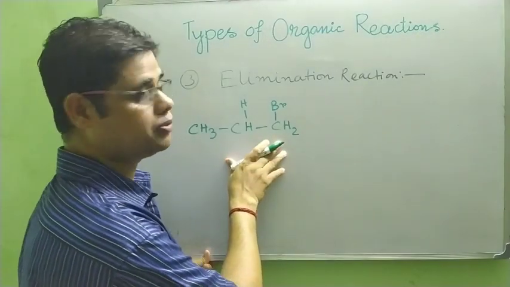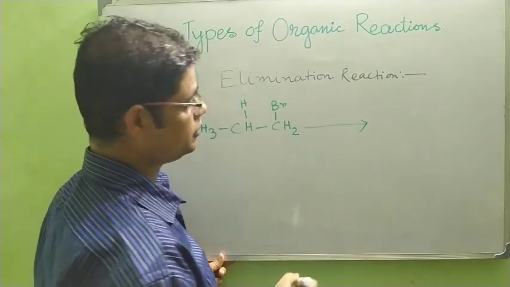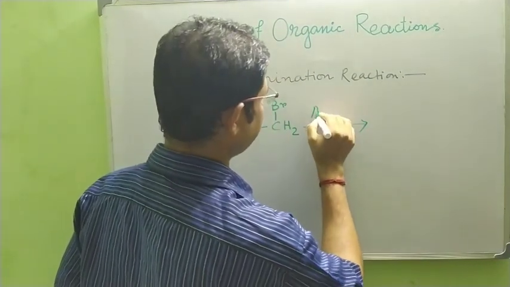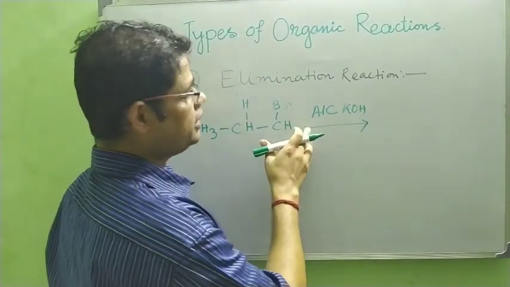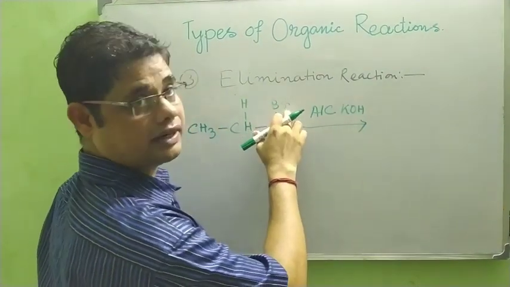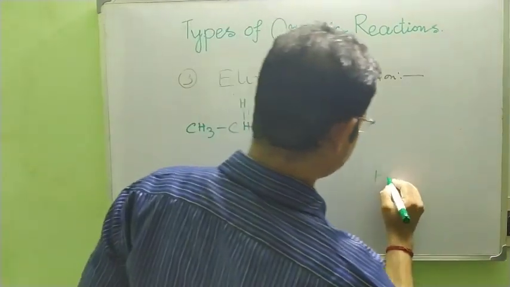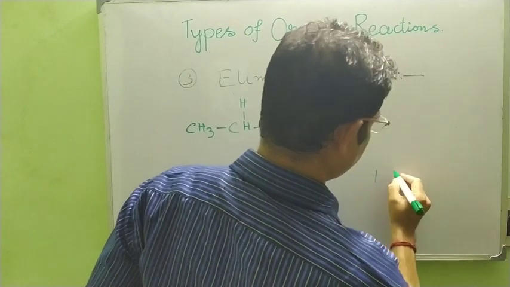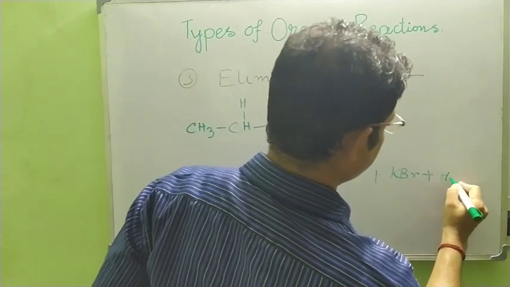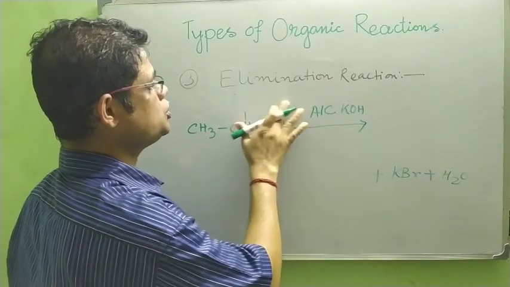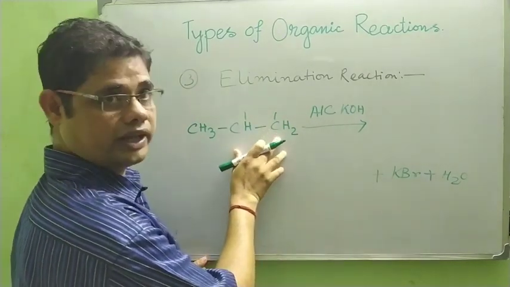Here I have taken this bromoalkane. If alcoholic caustic potash, alcoholic KOH, is added, here removal of H and Br takes place. We get KBr plus H2O. So the valencies of these two carbons become free.